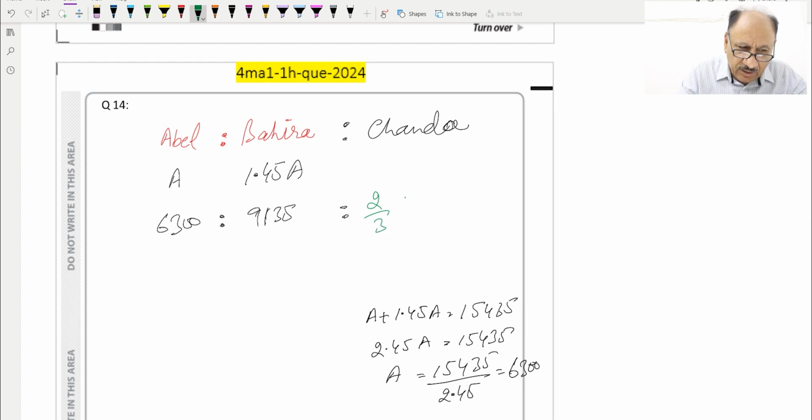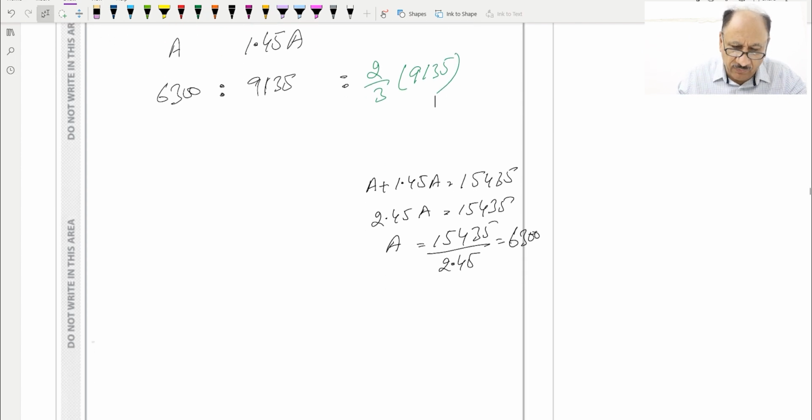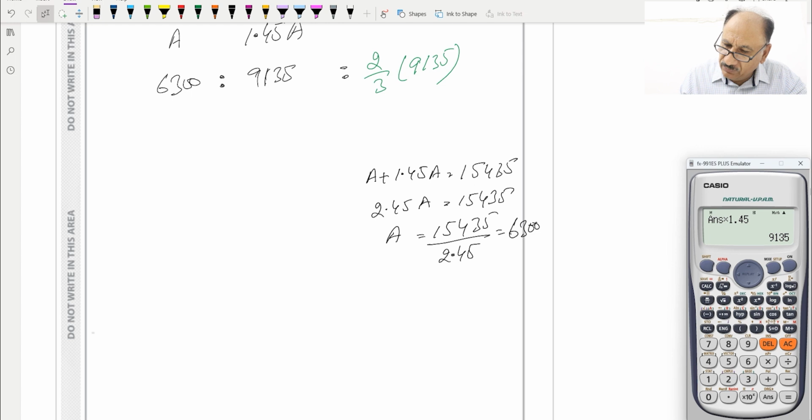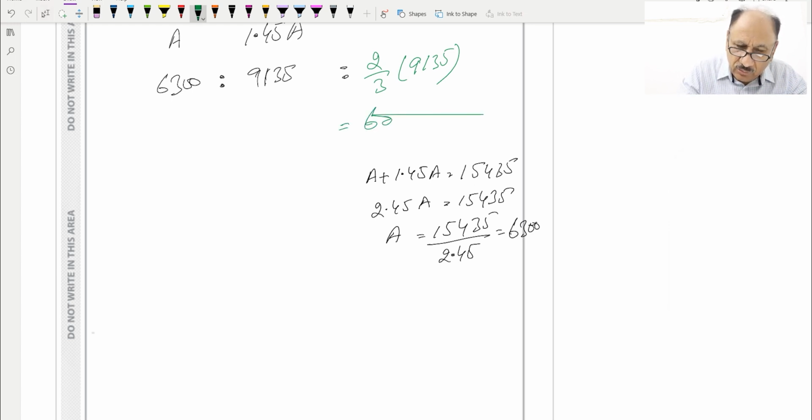We take the reciprocal, 9135 multiplied by 2 over 3 is equal to 6090. This is our final answer, and this was for 5 marks, and this is in dinars.